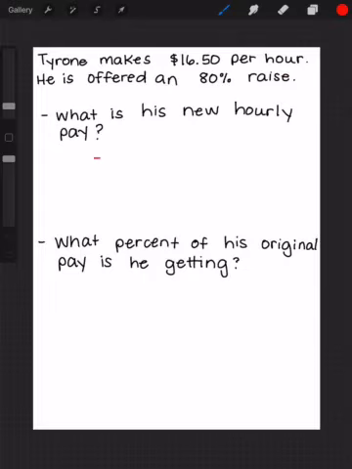So again, let's start by looking at a diagram. Okay, actually, let's do this. Right now, if I look at his pay, 100% of what he's getting paid right now is $16.50. That's how much he's getting paid right now.